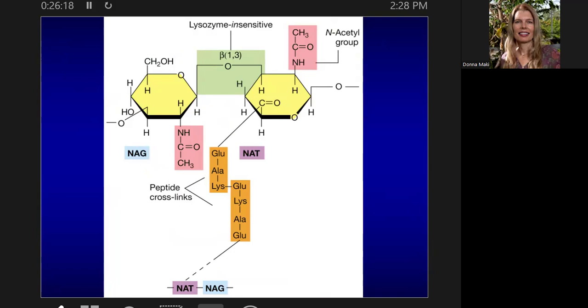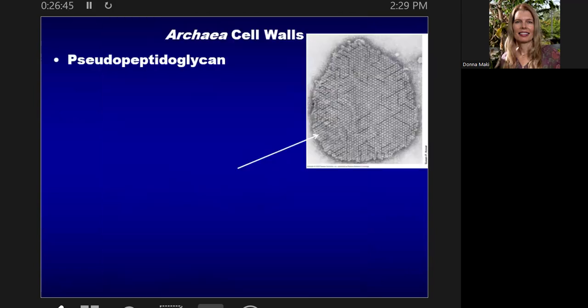And I guess you could say why they named it pseudo, because you see a lot of similar ideas here where you have the alternating sugars and then you do have these peptide crosslinks, but they have a very particular definition for peptidoglycan, and it has to include NAM to be officially peptidoglycan. So this is pseudo. So that's one type of cell wall that they find in the domain archaea.